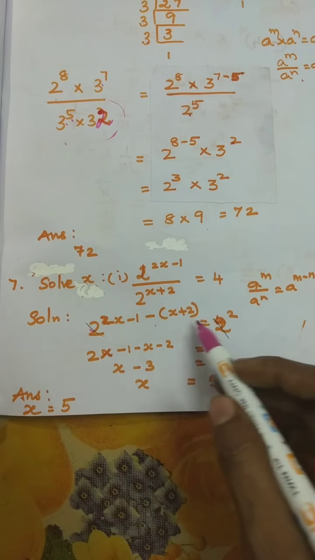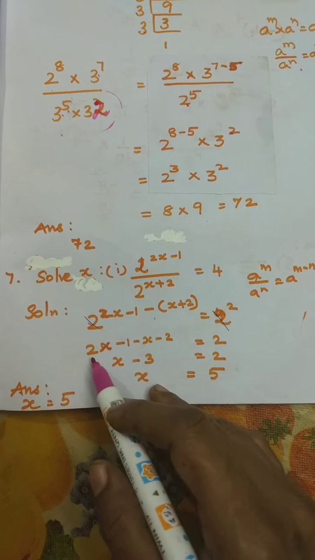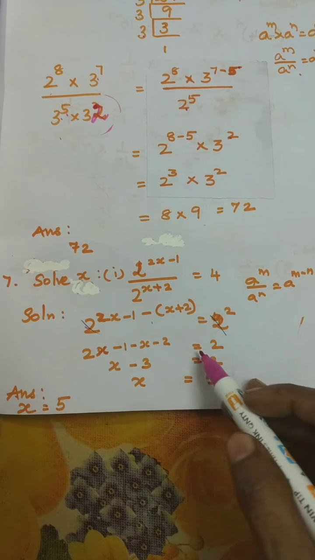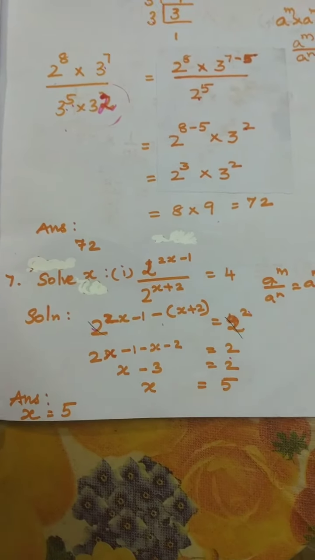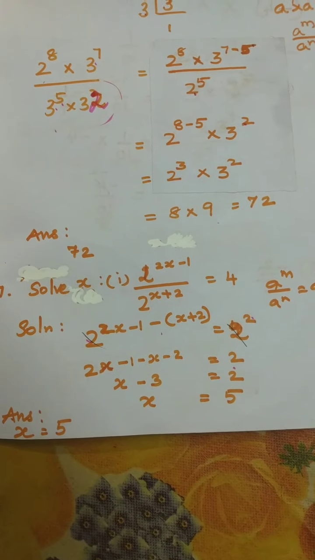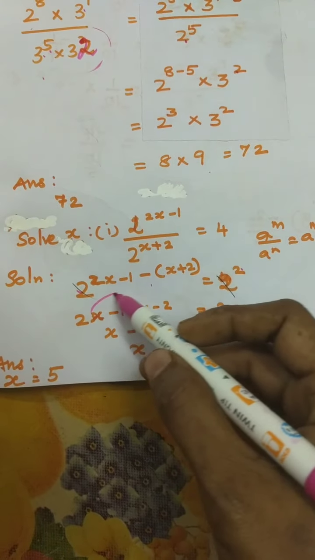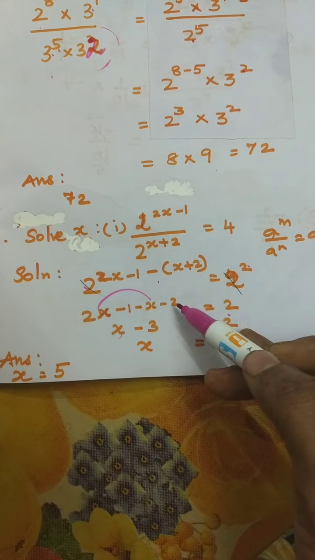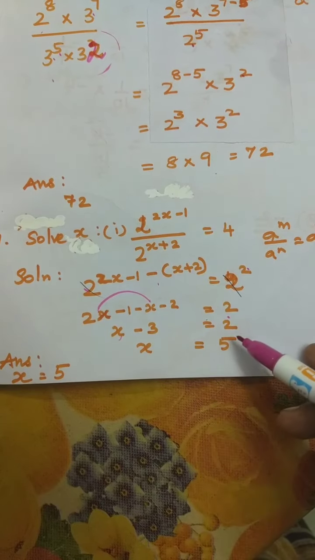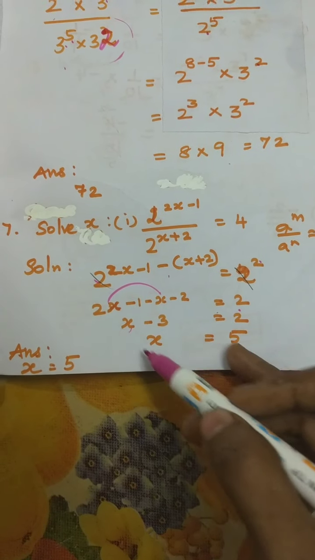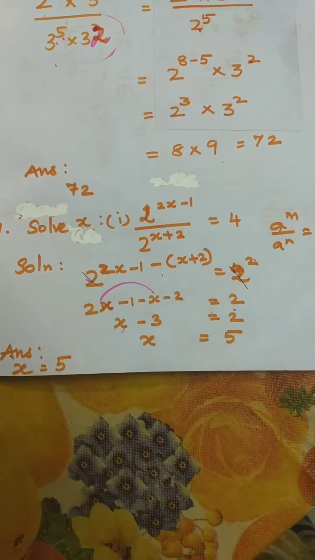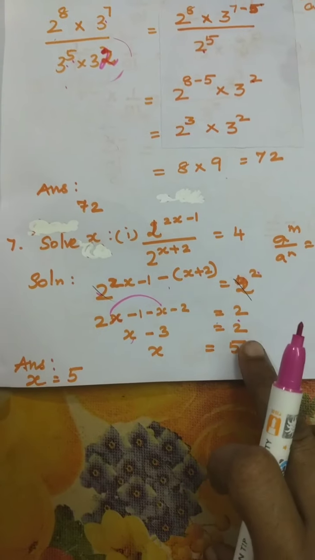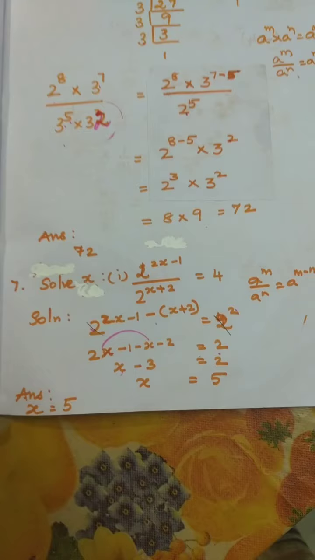So the bases are same, you cancel this. 2x minus 1 minus x minus 2 is equal to 2. Then 2x minus x is x. Then minus 1 minus 2 is minus 3, equal to 2. Then keep the x here. Bring this 3 to that side, means 2 plus 3 is 5. Then the x value is 5.